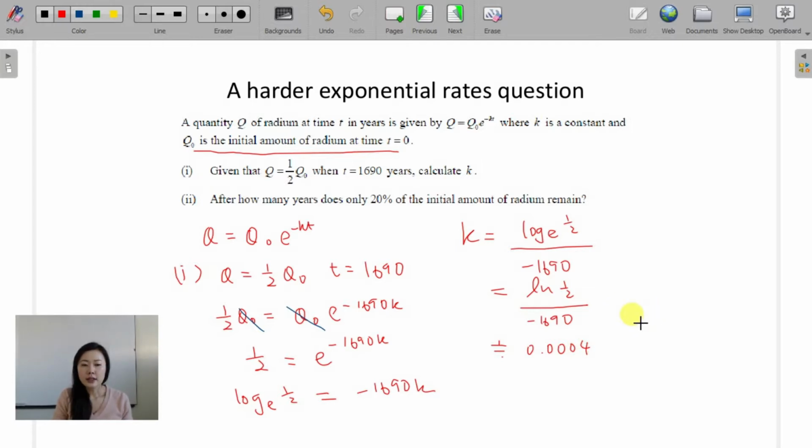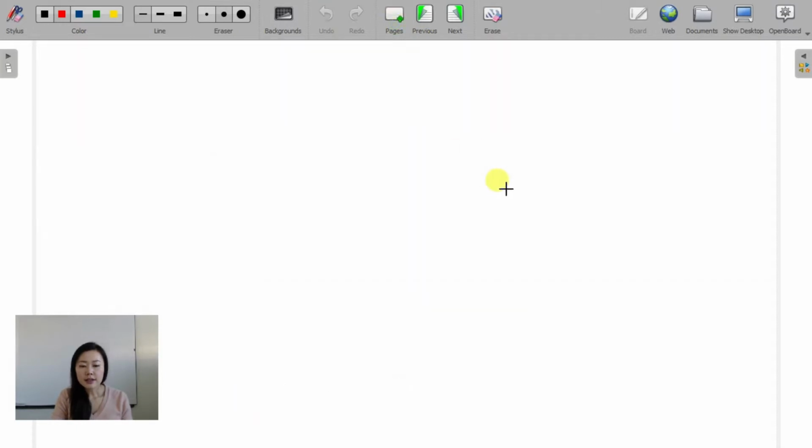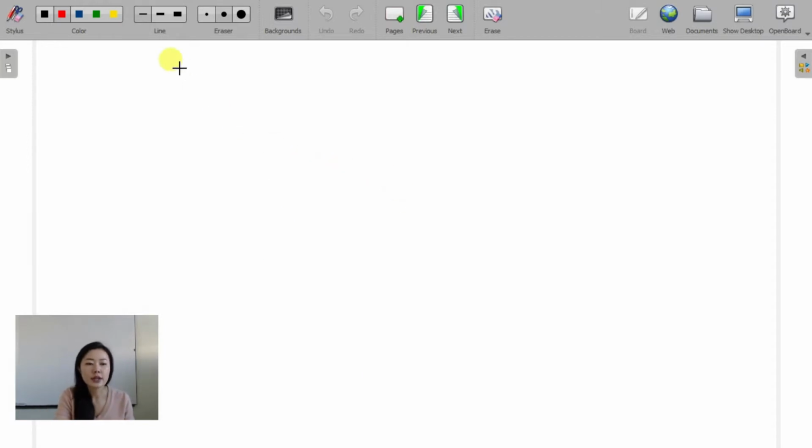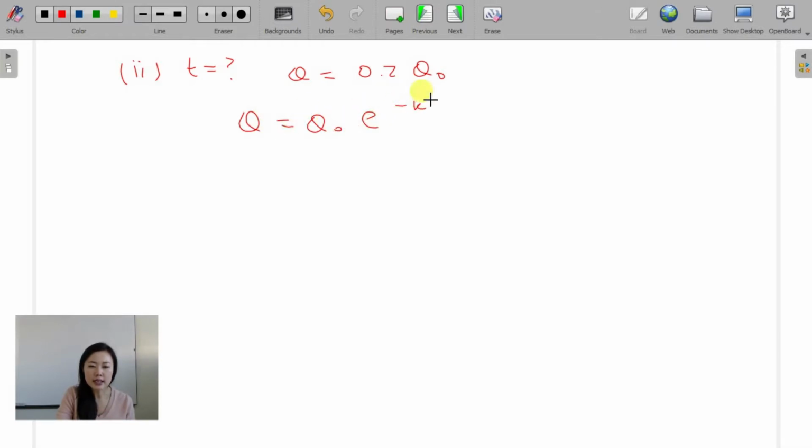Now the second part: after how many years does 20% of the initial amount remain? In other words, you want to find the time when Q is equal to 20% of the initial amount. Right now our equation is e^(-kt), where k is 0.0004. We sub this in, and again Q0 is irrelevant, they cancel out.